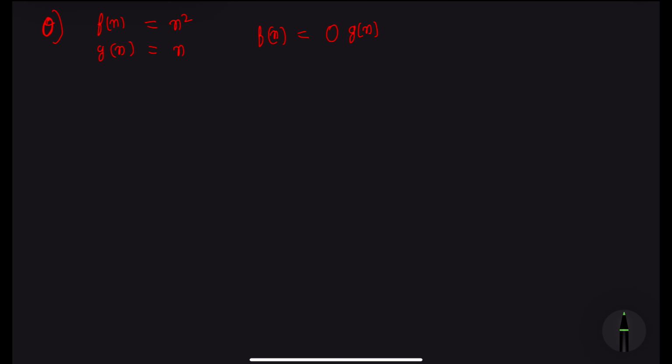Let's see the last question. We have f(n) equal to n square and g(n) equal to n. We have to check if f(n) is big-O of g(n). Let's see. The condition we have to prove is f(n) should be smaller than or equal to c into g(n), where c and n naught are constants.